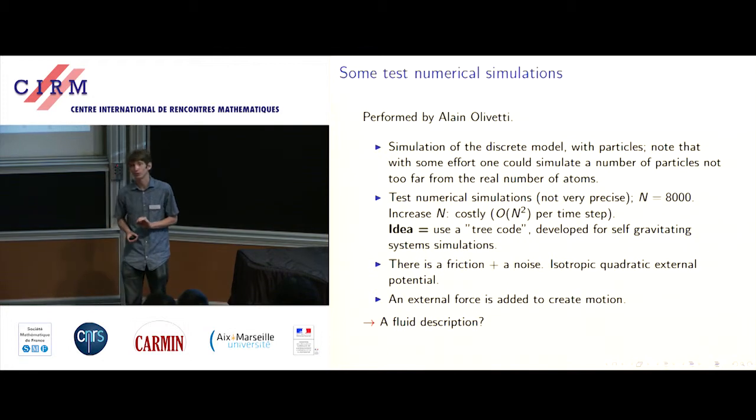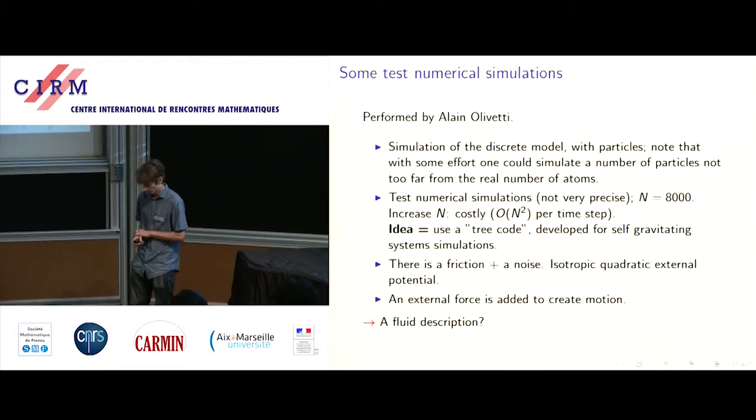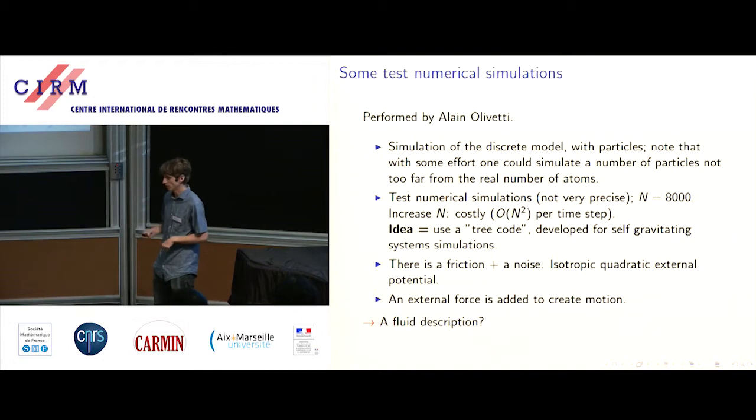You're at the point where you can think of simulating one numerical particle per atom, right? 10 to the 10 is maybe not quite possible, but not so far from being possible if you put in a lot of numerical effort. So we decided to go for a discrete model, and we really simulate particles here.